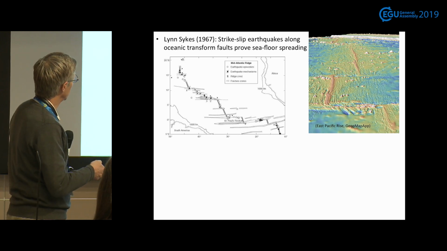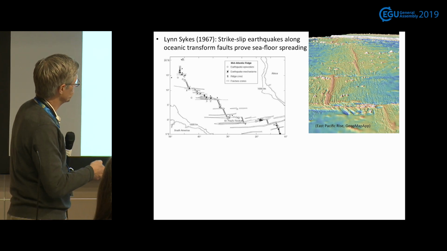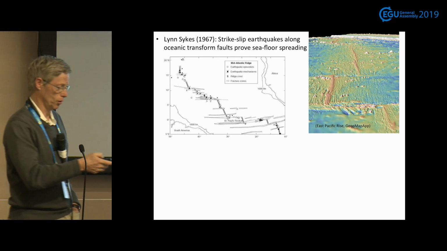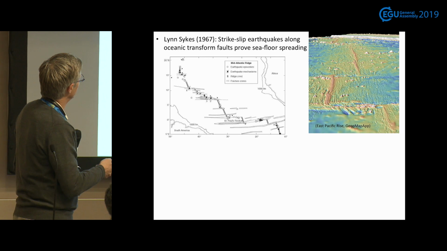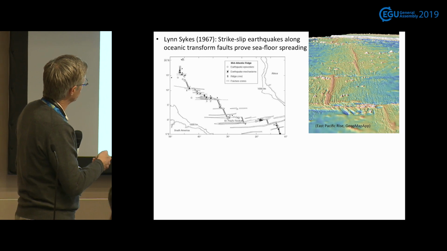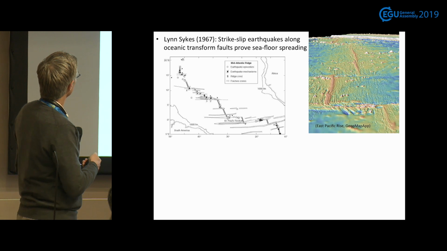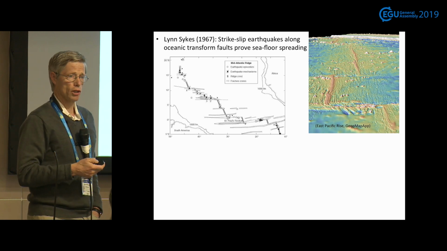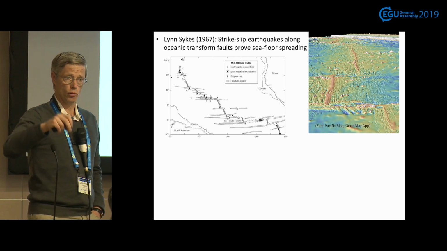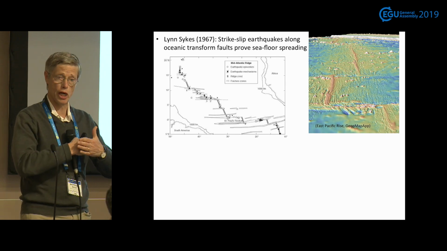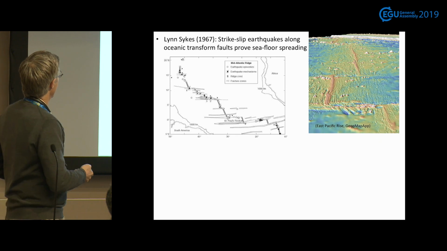This was actually produced with the GeoMap app, this application that Mathilde was referring to earlier. And people had observed that these mid-oceanic ridges were crisscrossed by fracture zones that you see here very clearly. And so Sykes realized that there were a lot of earthquakes falling on those fracture zones, and that they were associated with horizontal shear. Okay?